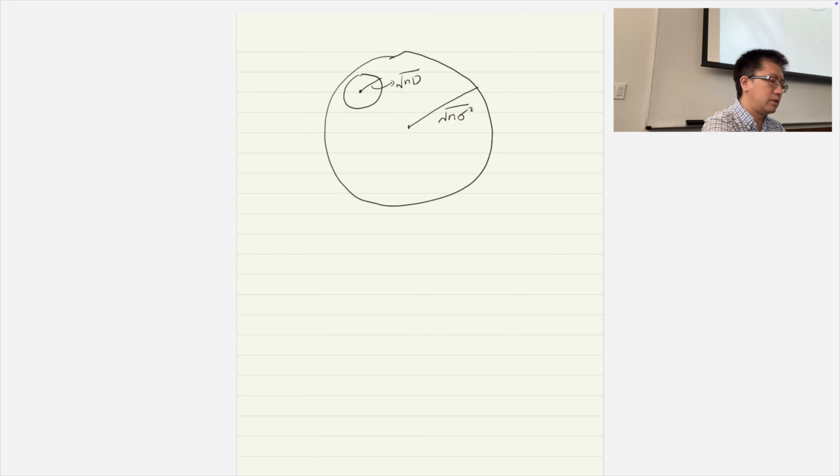Now we place another sphere here, and possibly another one here. The goal is to cover this big sphere. If we can cover all the possible messages in this sphere, then we're done.